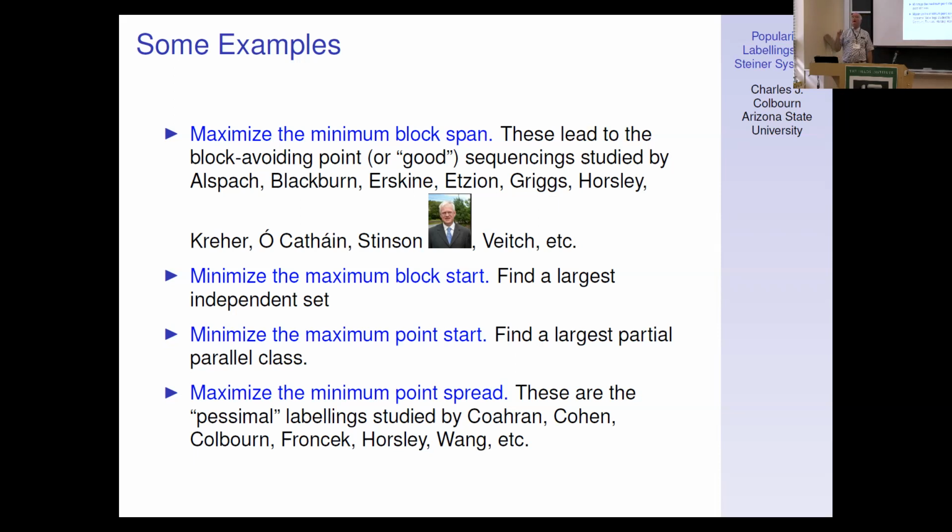This turns out to be a problem that I studied with Myra Cohen starting in about 1999, and there's been some extensive work on it. There we had the clever and meaningful name of pessimal, worst possible labellings, which seemed good at the time, but hasn't stood up, I think, well to choice of vernacular as time has gone on. So I'm not going to talk about any of these.